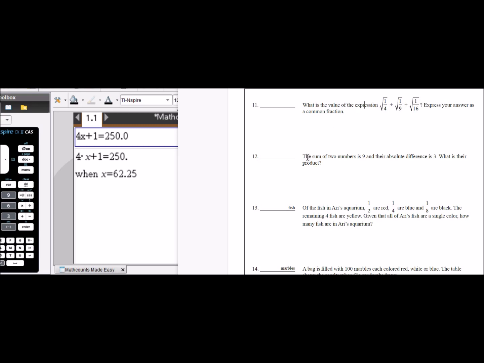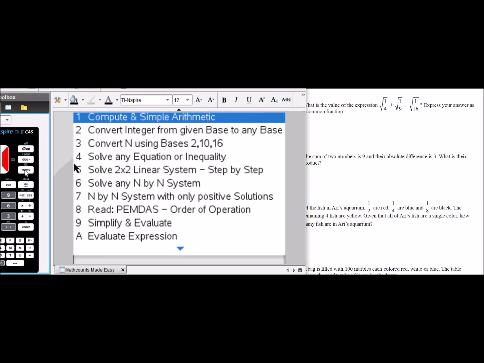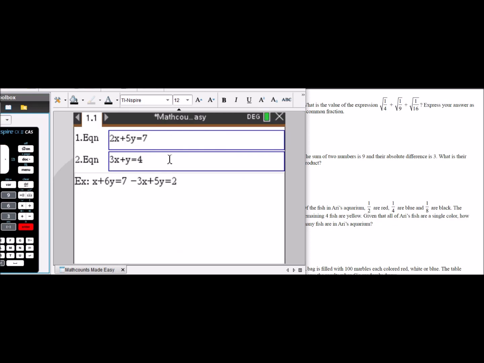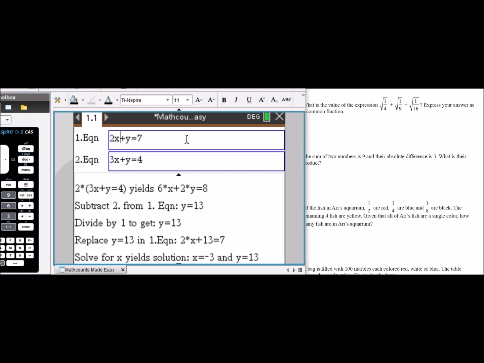Okay, maybe lastly, number 12, the sum of two numbers is 9, the absolute difference is 3. So that is a good example for a 2 by 2 linear system, right? Nothing gets squared. So we can just say the sum of two numbers. So we're going to use x and y as variables. x plus y is 9.